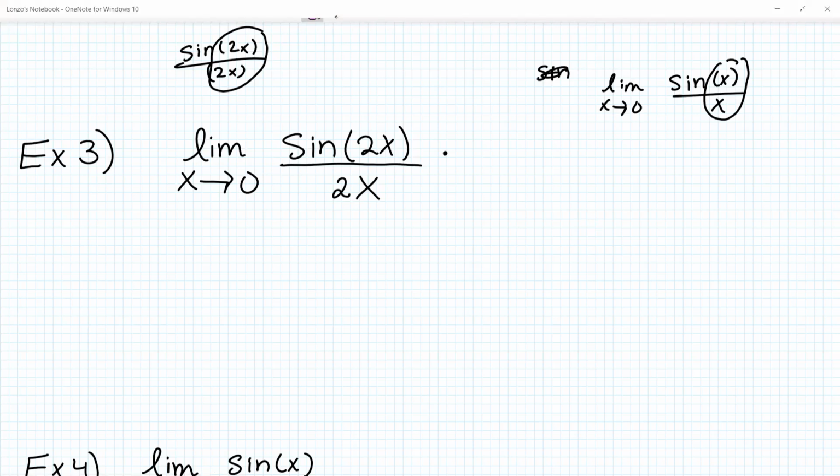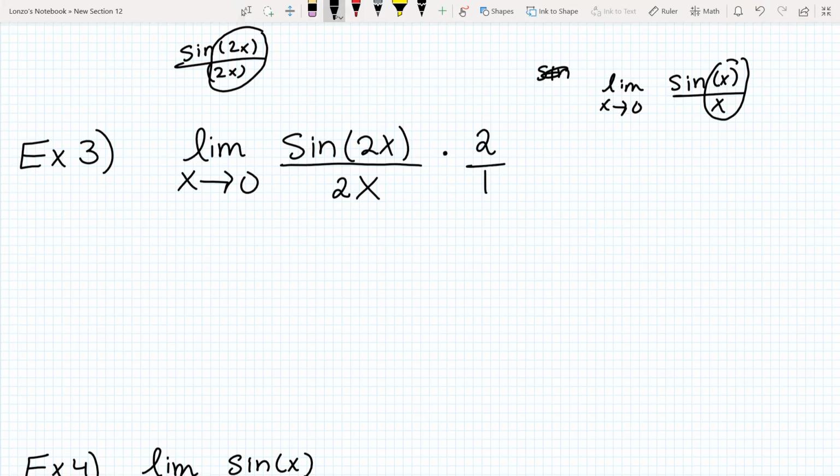But in order to balance it correctly, we can multiply the numerator by 2 over 1, because 2 divided by 2 is just 1. So it doesn't really change the problem.